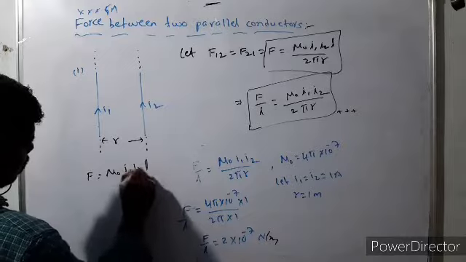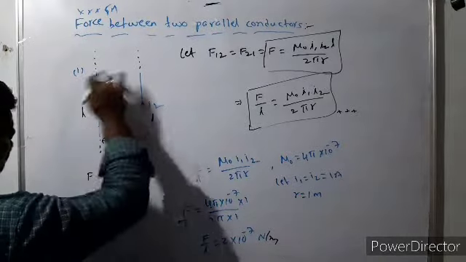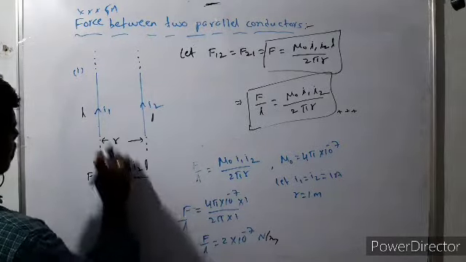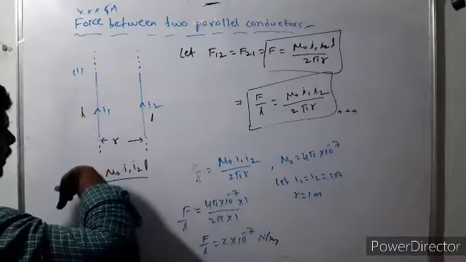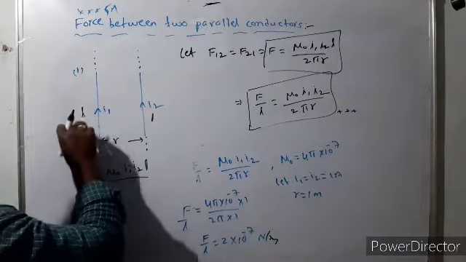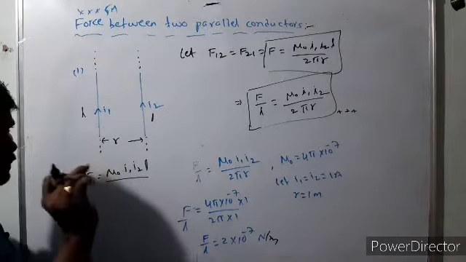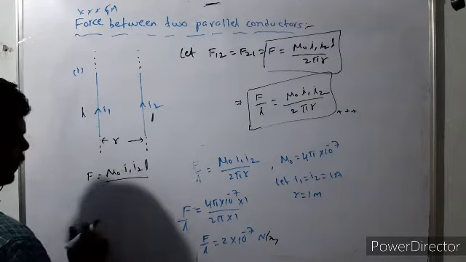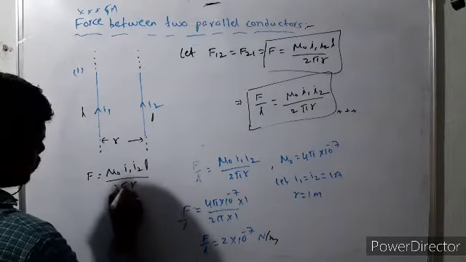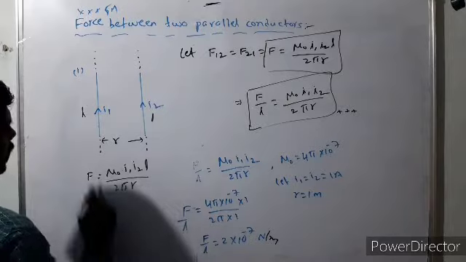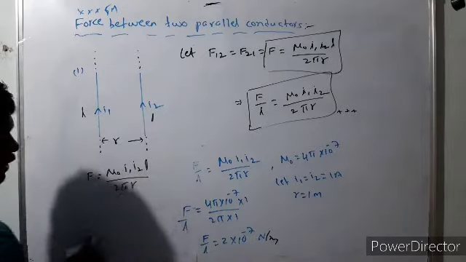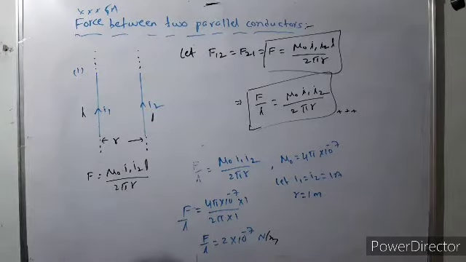If you consider a length L of the infinite conductor, a small part of length L, the force on each conductor is mu naught I1 I2 L by 2 pi r. If the currents are in the same direction, the two conductors attract each other.